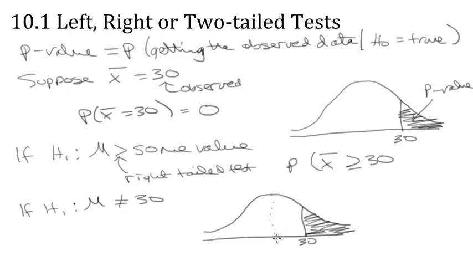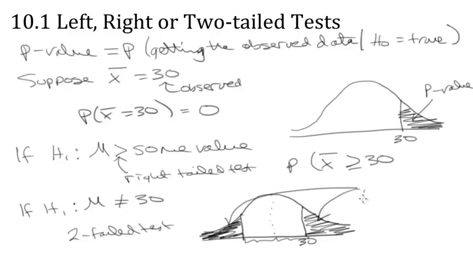I'm going to go out, whatever this distance is, I'm going to go out the same distance the other way and put in another boundary there, and I'm going to look at values even further away from the mean in the other direction. And so this is what we mean by a two-tailed test. And now I'm looking at the data in both tails. All of this area plus all of this area, that's my p-value.